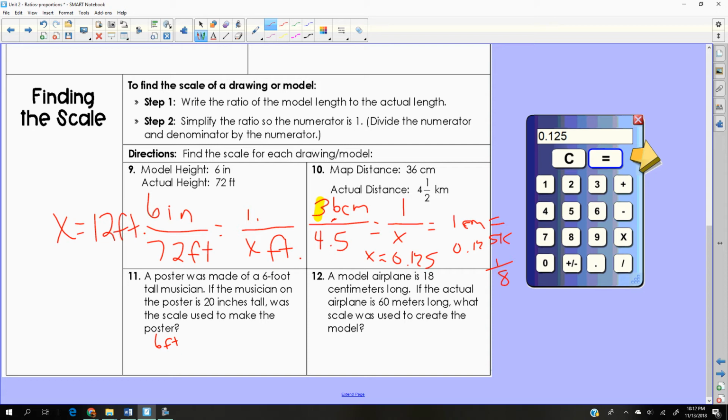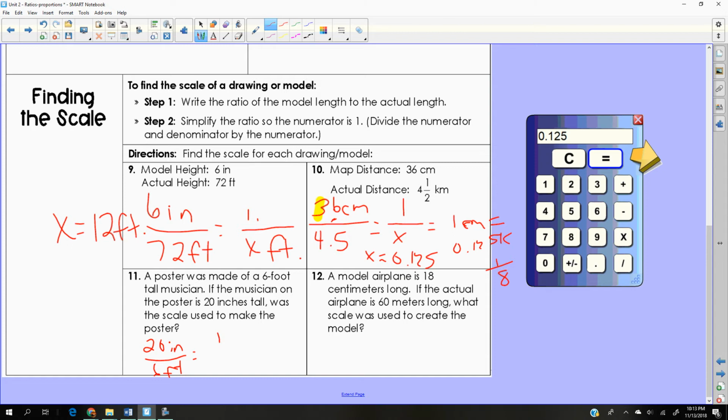Actually, we should do the original. Let me erase that. All right, so the musician is 20 inches in the poster, and he's 6 feet tall.